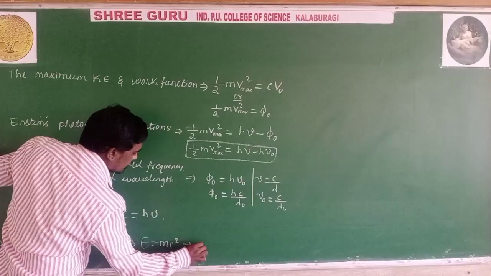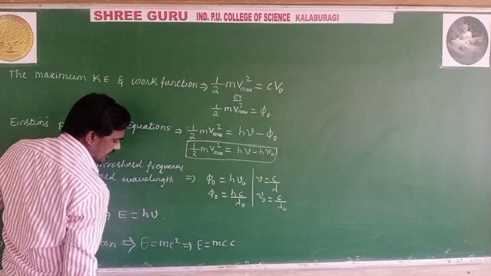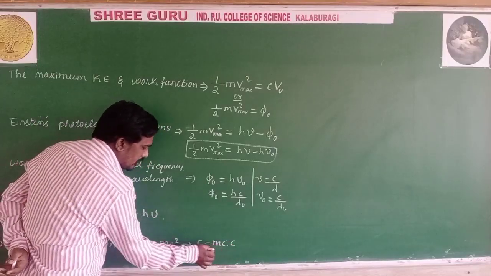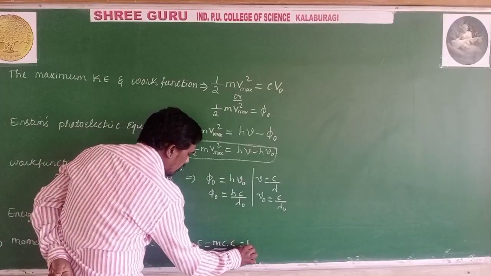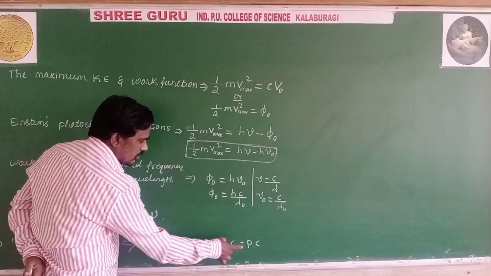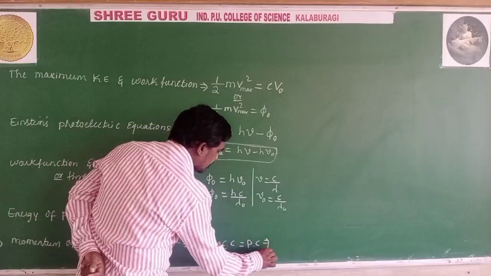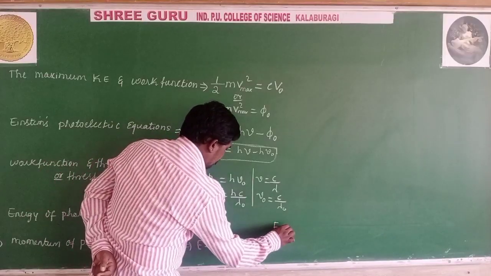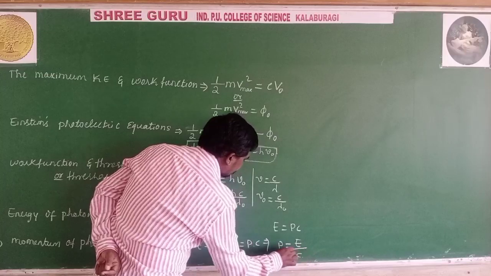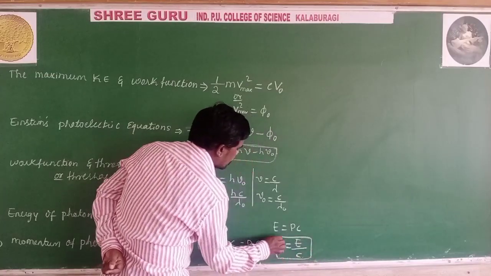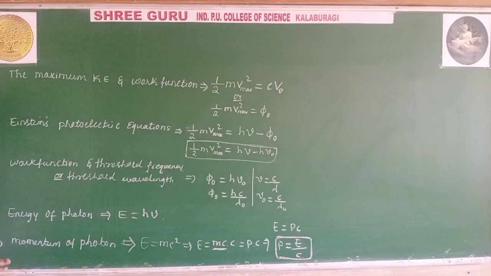This implies E is equal to mc into c. Mass into velocity is nothing but momentum, so we can write E is equal to PC, where P is our momentum. This implies E is equal to PC, or P is equal to E by C. Momentum is equal to the energy of a photon per unit velocity of light.